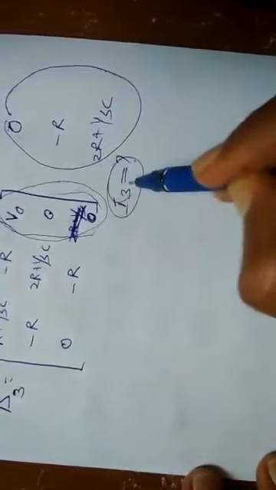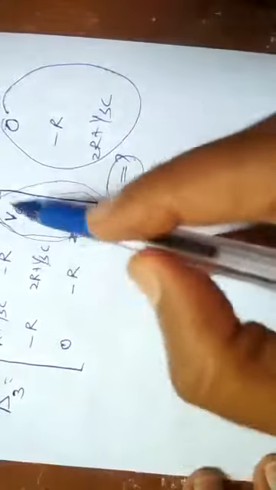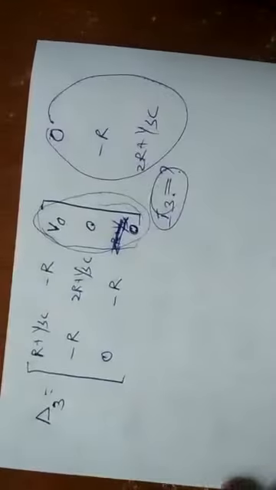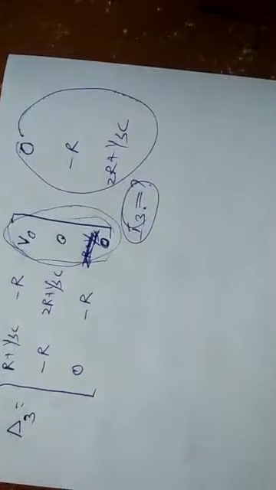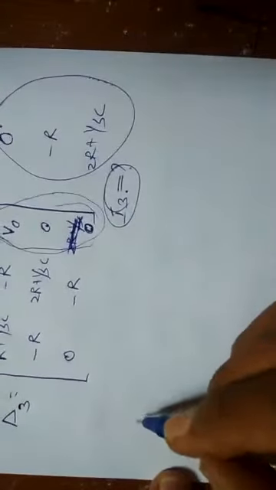So we can find I3 with the help of this replacement, replacing the third column with the help of potential values. And after that we have to solve by using the same matrix rule which we have used to solve del.